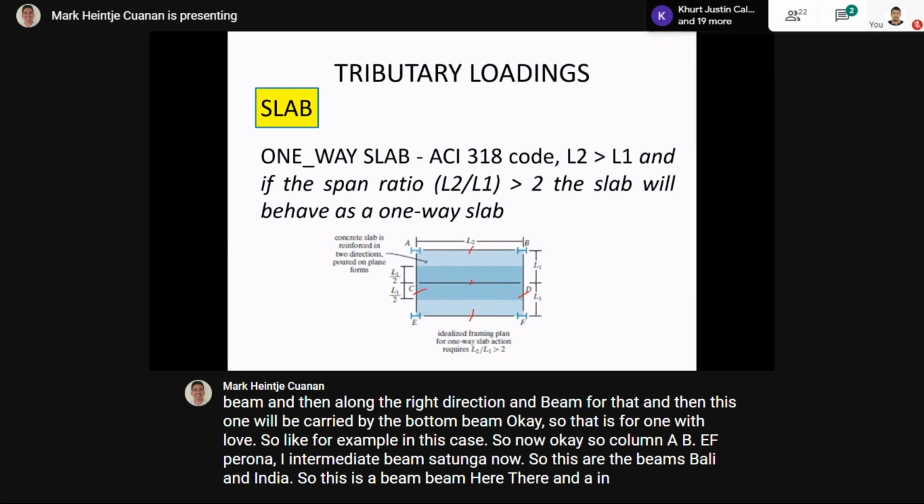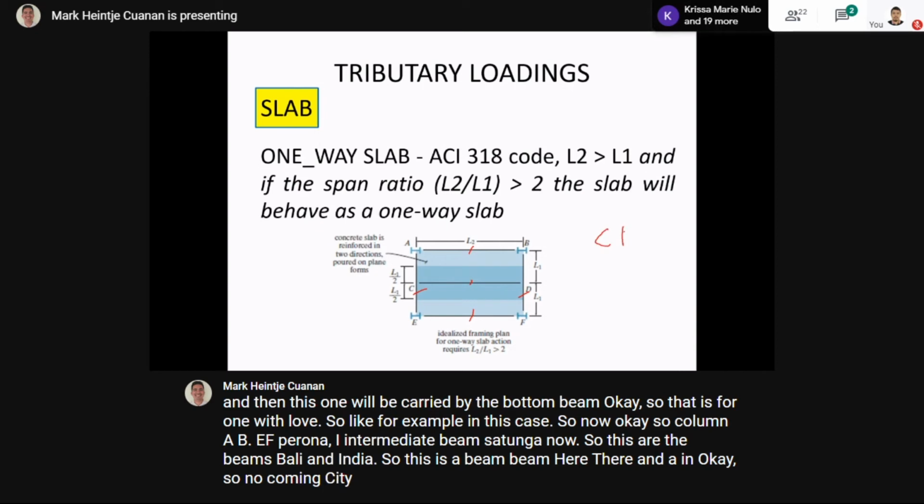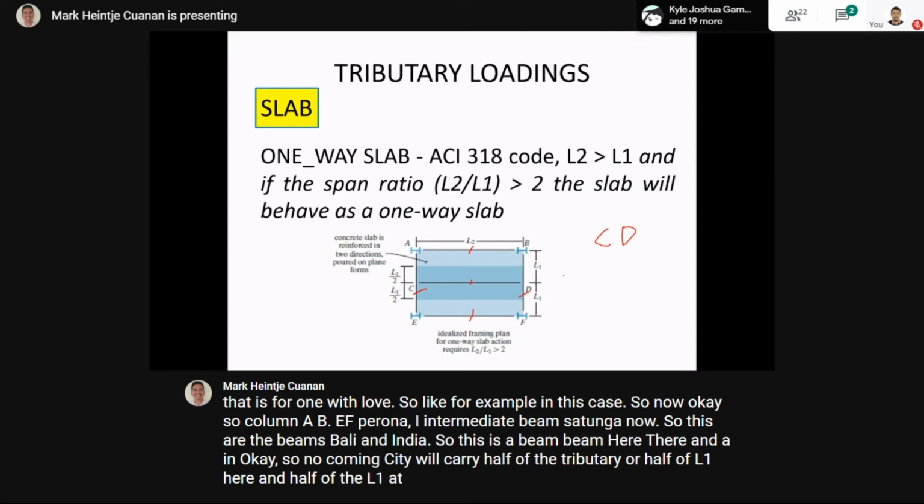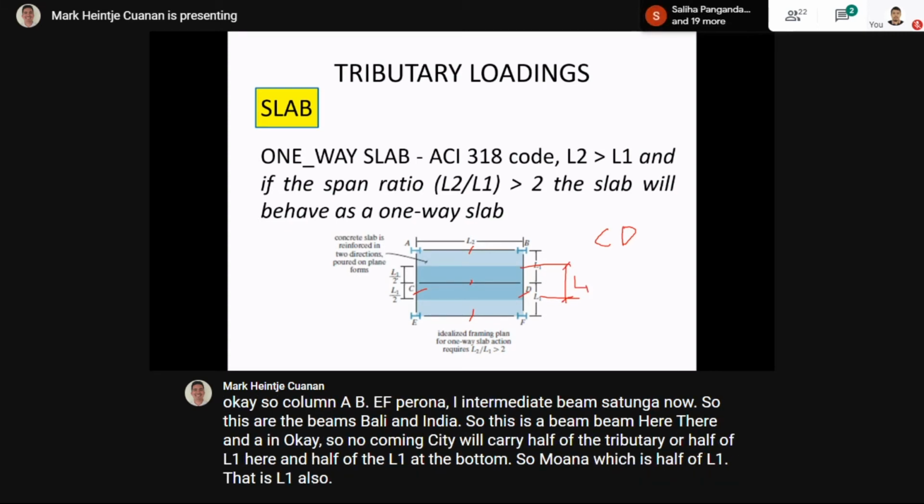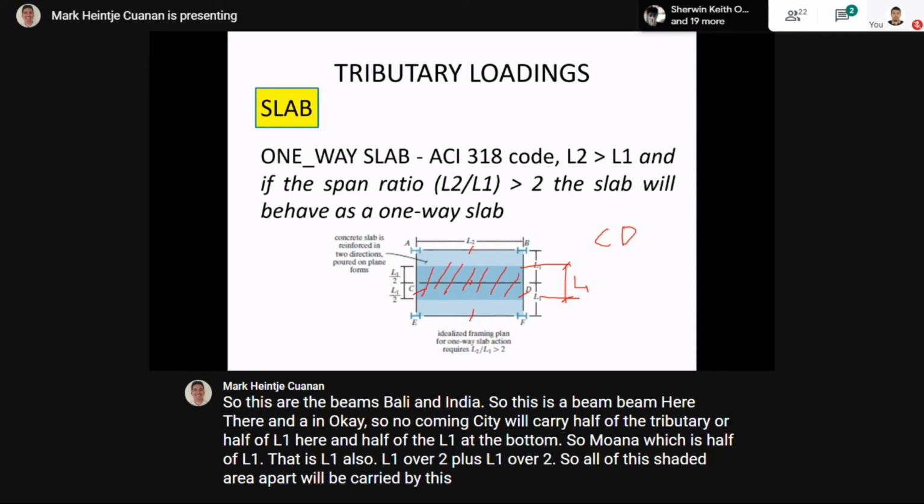So kani atong beam diri, beam CD, will carry half of the tributary, half of L1 here and half of the L1 at the bottom. So mao nang ang imong tributary width is kana, which is L1 over 2 plus L1 over 2. So all of this shaded area will be carried by this particular beam.